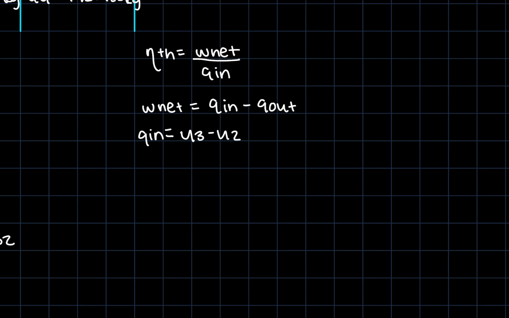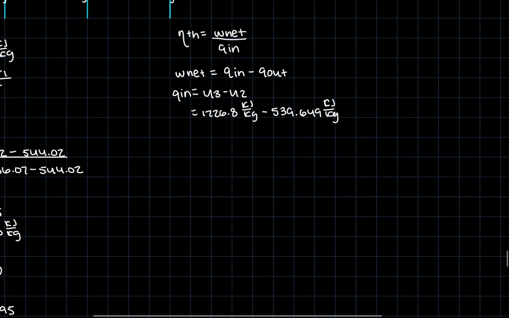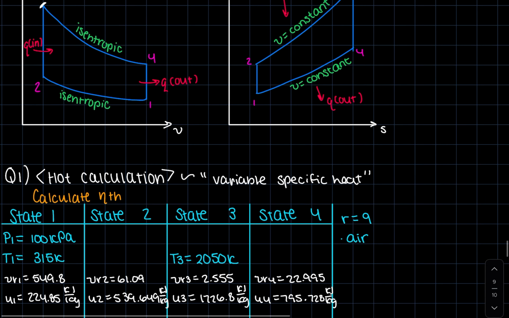So U3 minus U2, we're going to get 1726.8 kilojoules per kilogram minus 539.649 kilojoules per kilogram, which will equal 1187.151 kilojoules per kilogram. And solving for Q out, Q out is between state 4 and state 1.